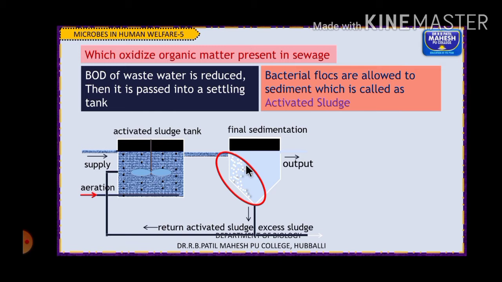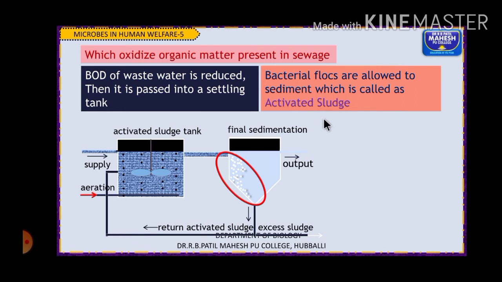So here those microbes are allowed to settle down. It is left as it is. The effluent is left undisturbed in this settling tank, so that all the microorganisms settle down. Okay, so this settled material, the microbes which have settled down here, is now called the activated sludge.